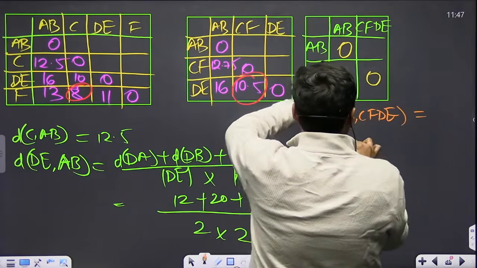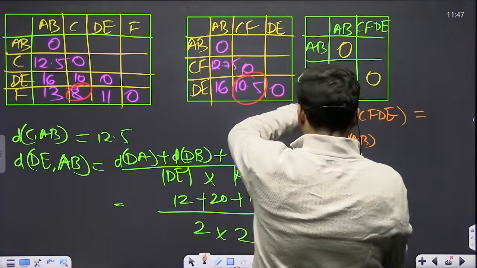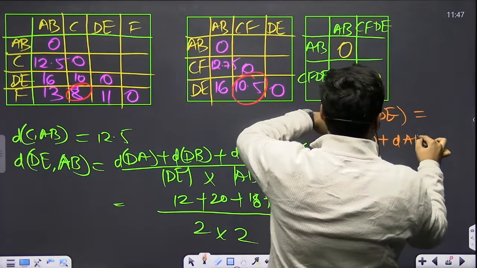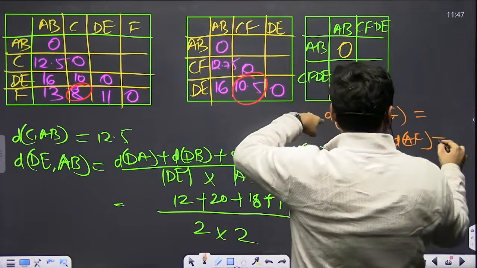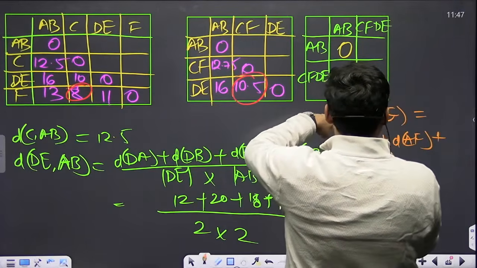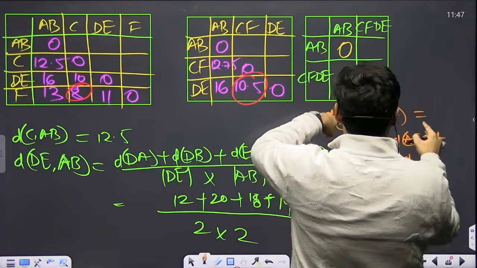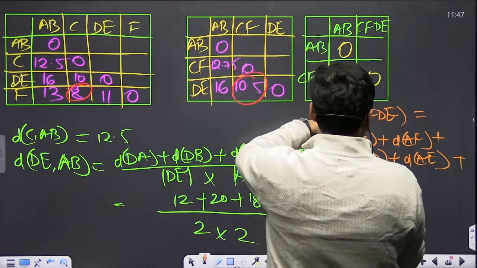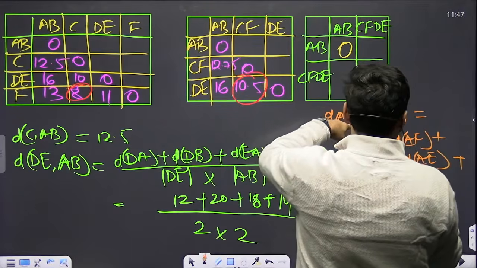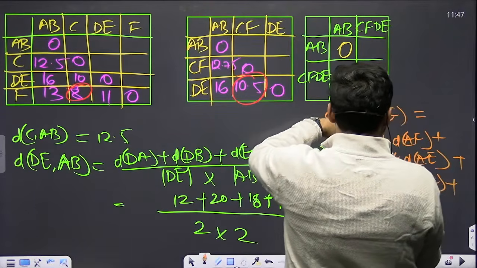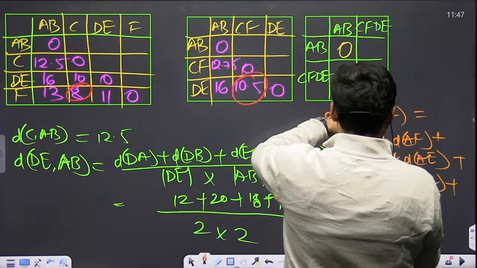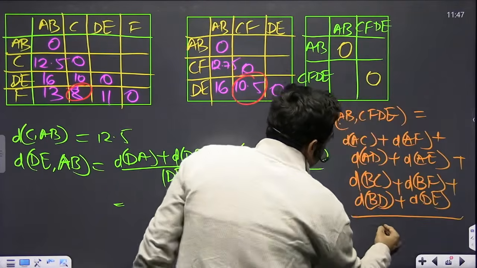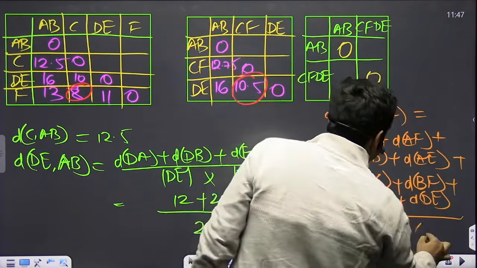I need to calculate the distance of AC plus AF plus AD plus AE plus BC plus BF plus BD plus BE, upon the number of elements in AB, that is 2, times the number of elements in CFDE, that is 4.